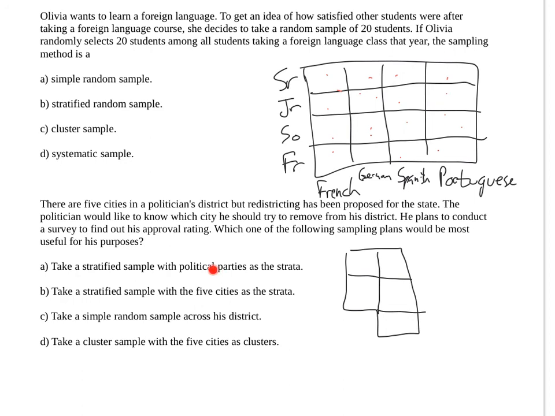But that's not really what he wants to know. He's not trying to find out how Republicans or Democrats are supporting him. He wants to know how he's doing in each of his cities. So clearly what he wants to do is take a stratified sample with the 5 cities as the strata. Does that make sense? Because in that way, he will get an equally weighted sample from each of those 5 cities.